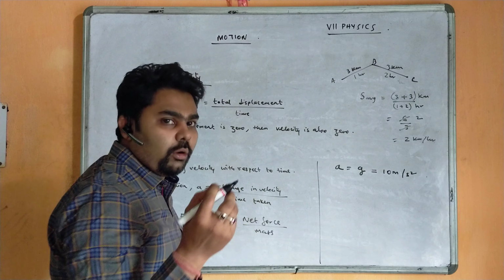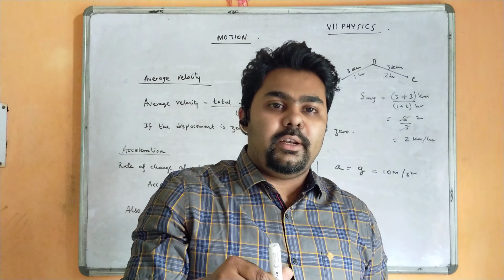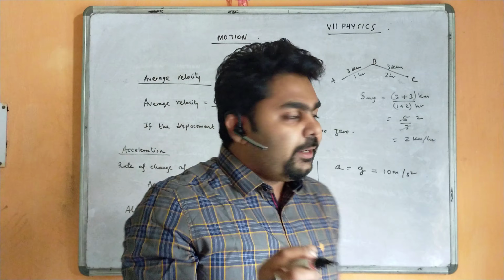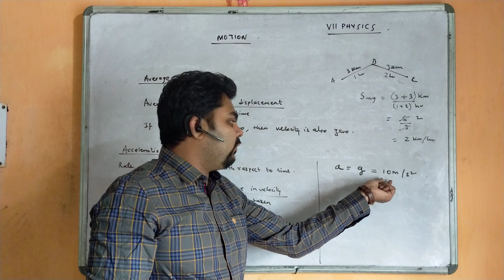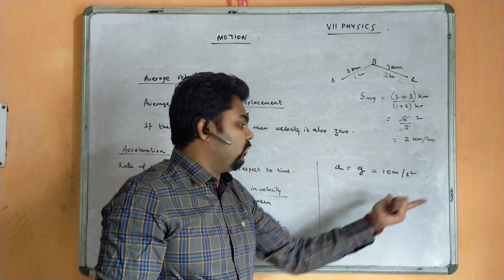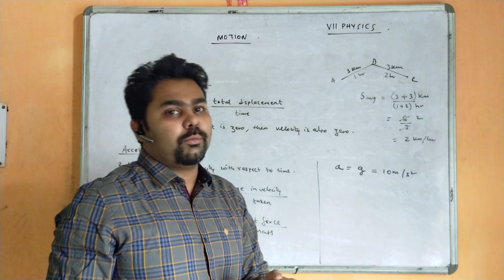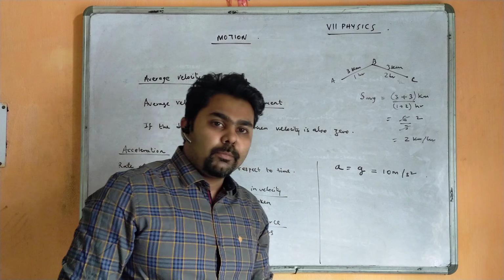So whenever any object is falling from a certain height, it falls with certain acceleration, its velocity is increasing in the downward direction, and that acceleration is approximately 10 meter per second square. So this value is fixed when an object falls from a certain height. This is just an approximate value.